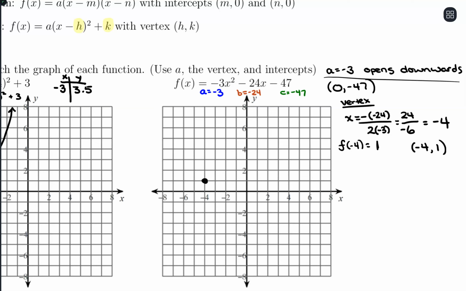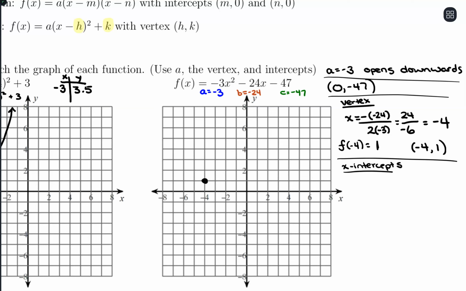All right, so we have A, we have the y-intercept, we have the vertex, and now let's find our x-intercepts. And you know what? I just realized this doesn't factor nicely, and at this point in our videos, we're only using factoring.